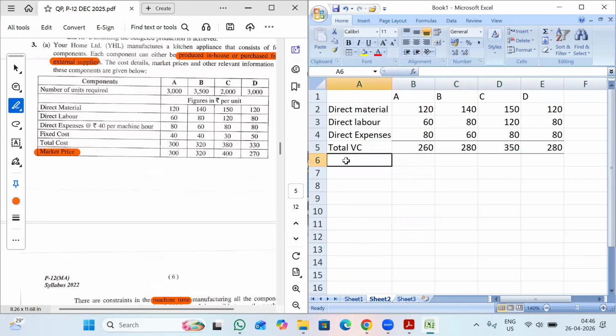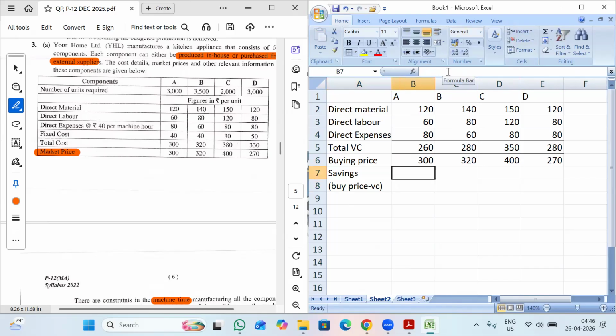If I am buying outside, my market price, that is the buying price, will be 300, 320, 400 and 270. My savings here is buying price minus variable cost. Remember, my savings is the buying price minus my variable cost of producing this product.